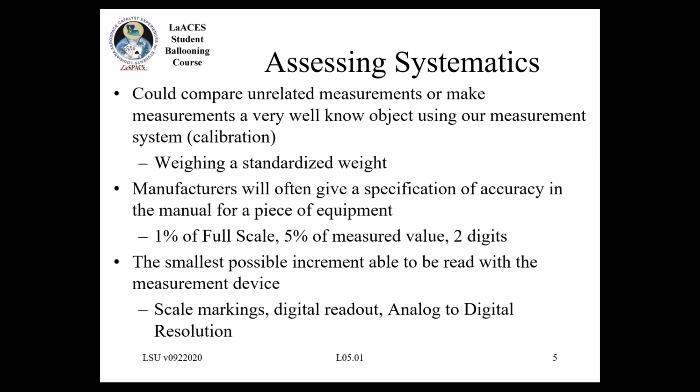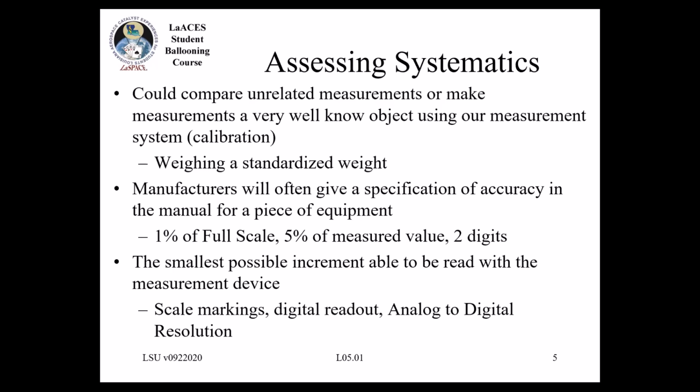So if you had a very accurate other device that you could compare what you're using to, you could do that. Also, you could do a calibration, or you could measure something that is of a fixed standardized amount.